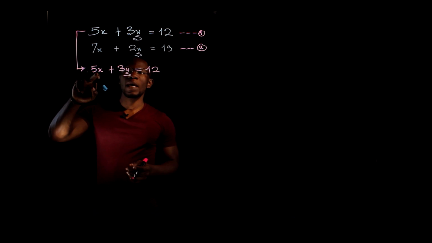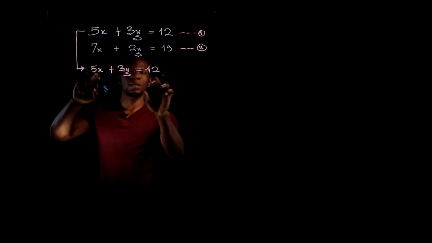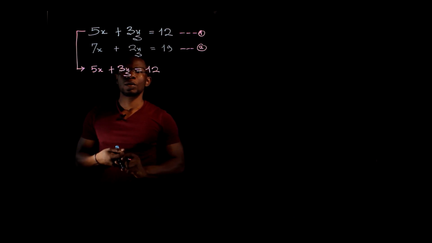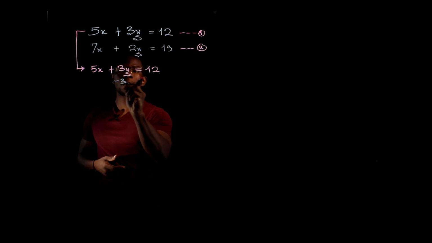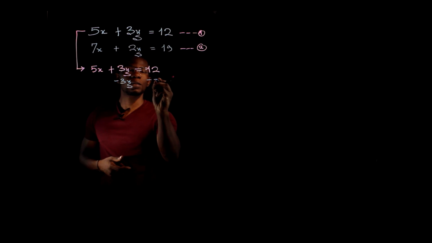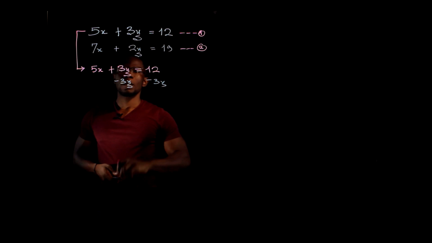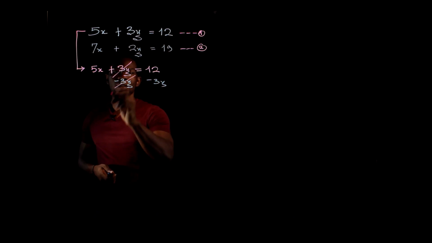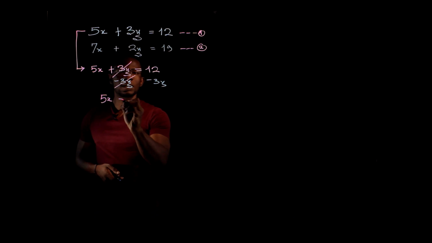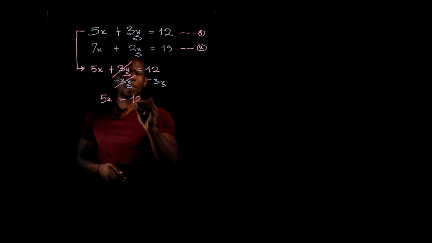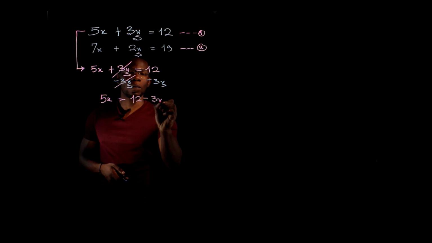If we want to make x the subject, we'll subtract 3y from both sides of our equation. So minus 3y, minus 3y. Plus 3y minus 3y cancels out. So on this side, we're left with 5x, and on this side, we have 12 minus 3y.